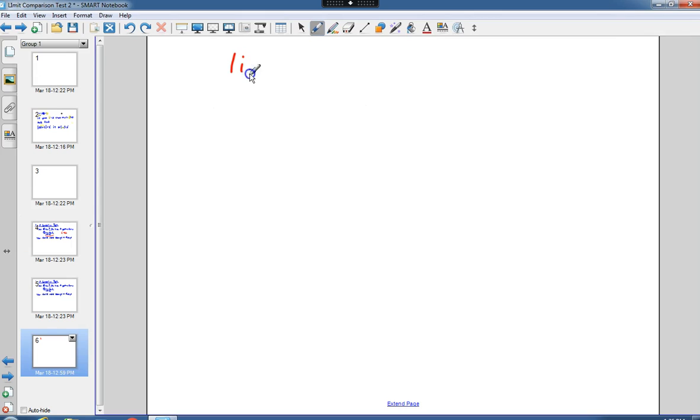We know that the limit of the ratio of a sub n over b sub n actually exists, right, as n approaches infinity.